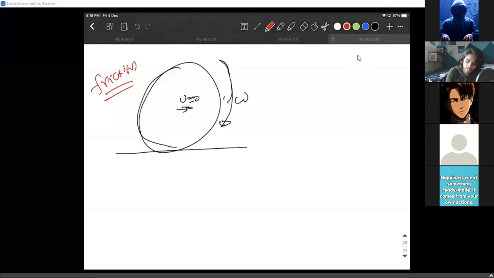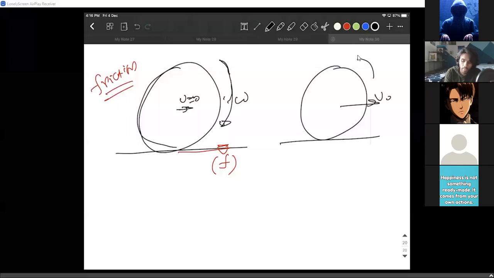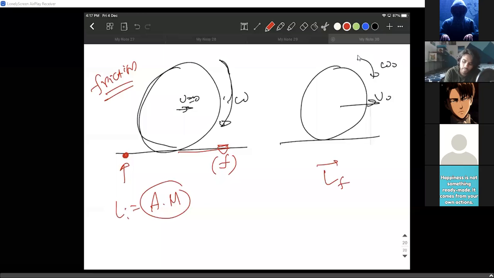The friction will act forward, it will support v, it will oppose omega. After a point, they get into pure rolling, v naught, omega naught. You can happily take any point on the ground, equate the initial angular momentum and final angular momentum, and find the values. That's all.